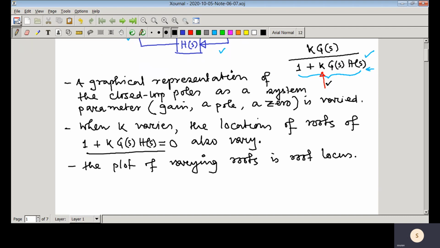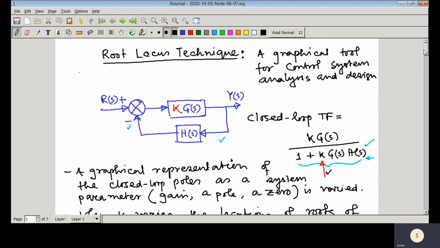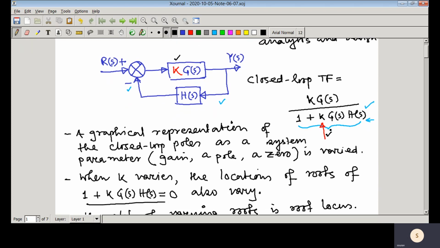So what we have discussed is that the root locus technique is a graphical representation of the closed loop poles. If we consider a closed loop control system where this parameter K is varying, then what would be the location of the closed loop poles?